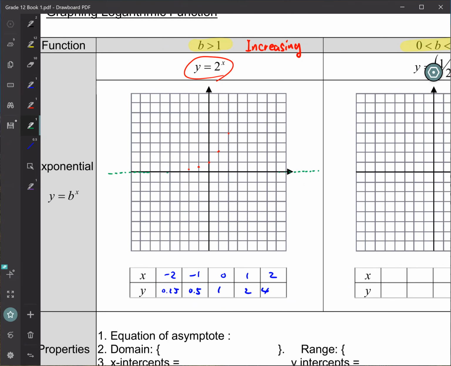Extend your asymptote line so we can see it. So the graph will go like this. When x equals 3 it will be 8, so if we draw one more point, it will be up there. We'll continue from there.